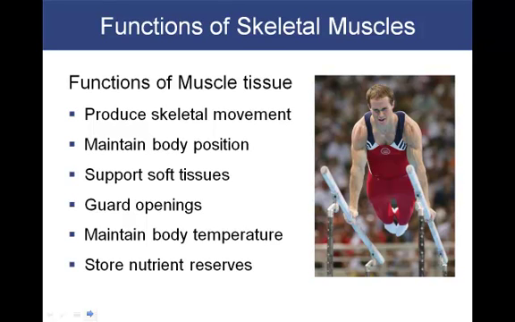Lastly, muscle tissues can be used to store nutrient reserves. If all other food reserves are utilized, our body can break down skeletal muscle and convert that into energy, into certain types of sugars for use. So in one of the last resorts, it can be broken down as a nutrient source.